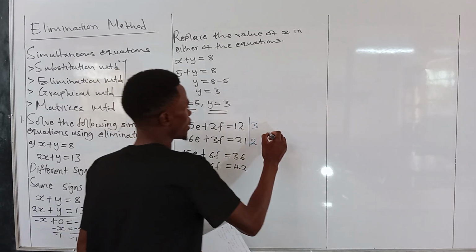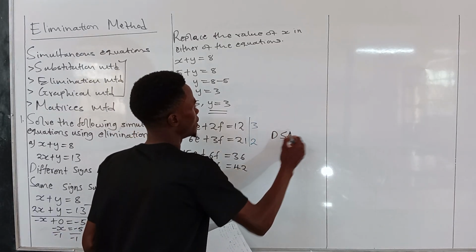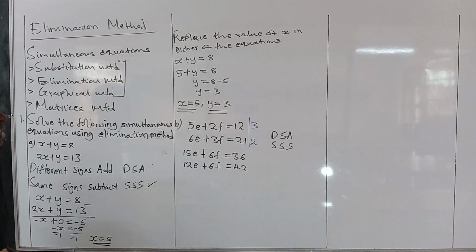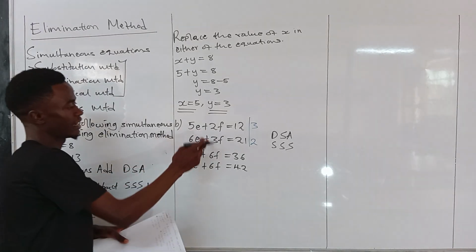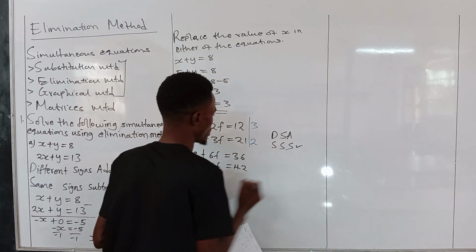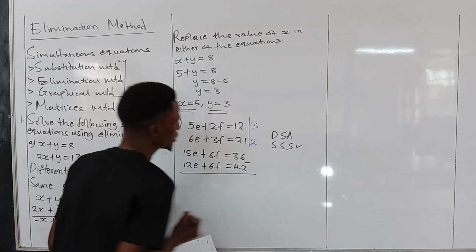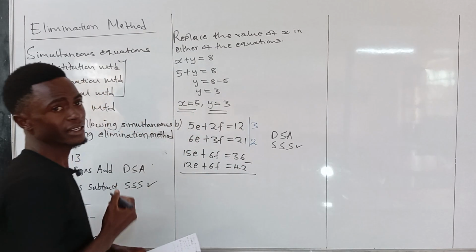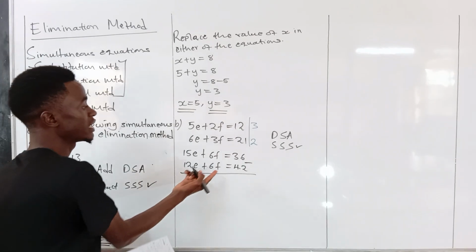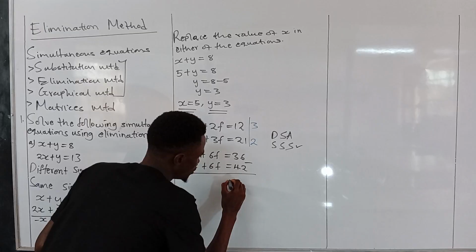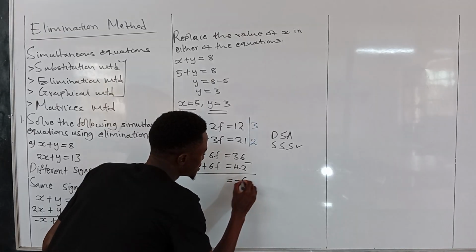Now, we go back to our DSA and SSS. Which one are we going to use? We are going to use the second one because the signs are similar. So we choose this one. What do we do? We subtract. So what are we subtracting? 36 minus 42. It's already giving us a negative number because 36 is smaller than 42, which is going to give you negative 6.